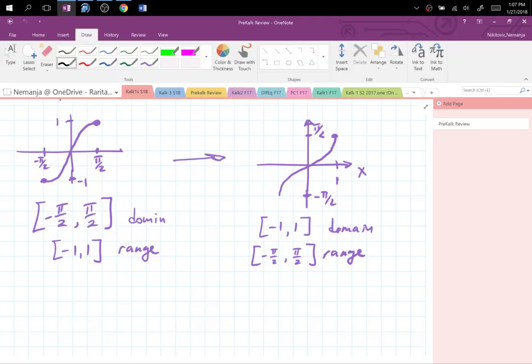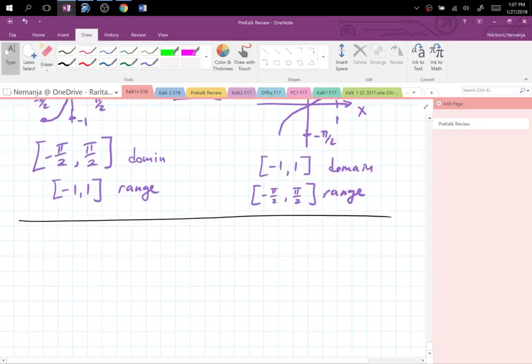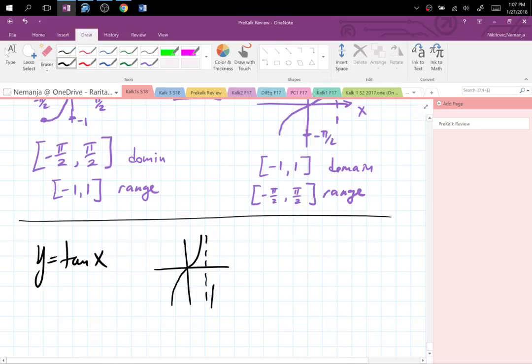Real quick on tangent. You know the tangent graph. It goes like this. Has a vertical asymptote, then goes like that. Has another vertical asymptote, goes like that, right? So that's our tangent. That's what it does. Does it pass the horizontal line test?